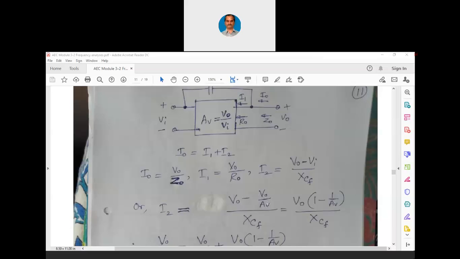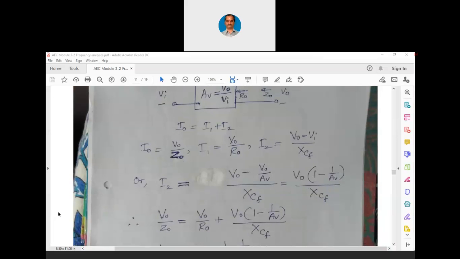Vi itself is V0 by AV. We are going to write this expression now starting from the output side. So let us represent input in terms of output now. So V0 minus V0 by AV divided by XCF, that is nothing but V0 into 1 minus 1 by AV divided by XCF. Or we can write now I0 is V0 by Z0.